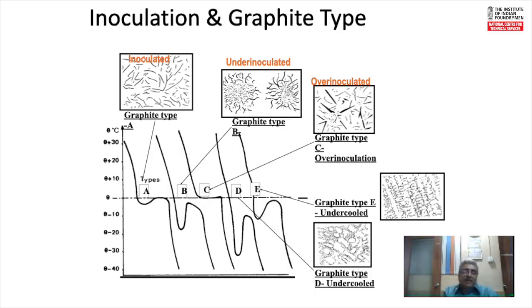While B type of graphite will form when the degree of undercooling is higher, and you get rosettes, so inoculated or undernucleated. While graphite type C can be over inoculated or hypereutectic graphite, while D is again undercooled graphite.